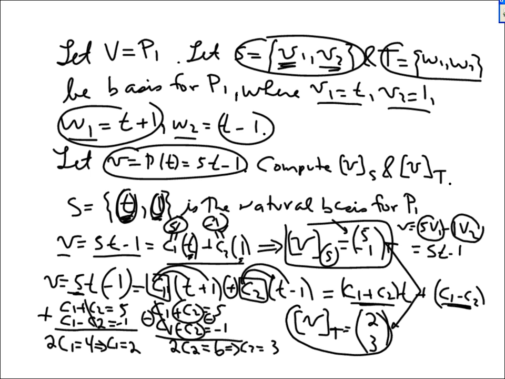This over here tells me, with respect to basis T, V is 2 times W1 plus 3 times W2. If you multiply W1 by 2 and W2 by 3 and add them up, believe it or not, you'll get 5t minus 1. So in that respect, they are equal to one another.